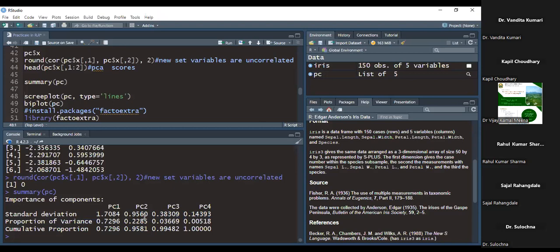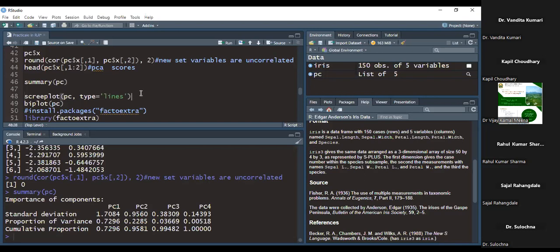So we are going to select only the first few, as I said. Since up to PC2 most of the variability is captured, 3 can also be taken, because here we can see it is almost 100%, 99.4% of the variation is captured.